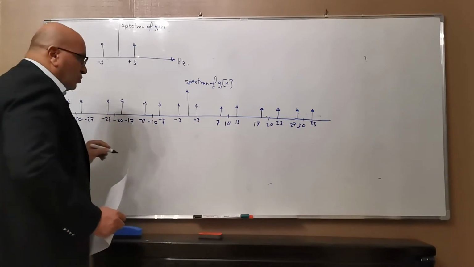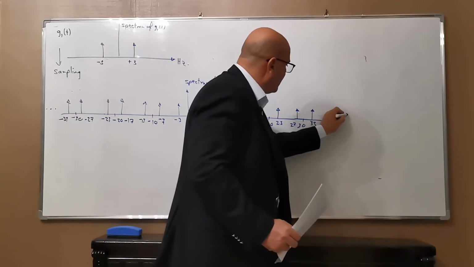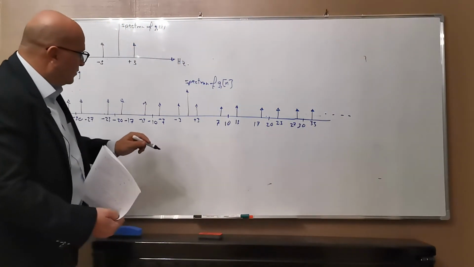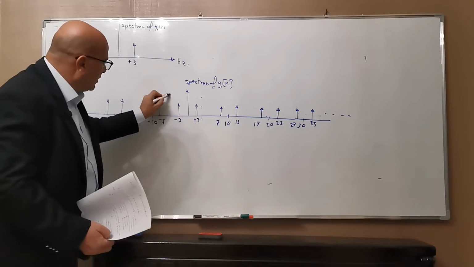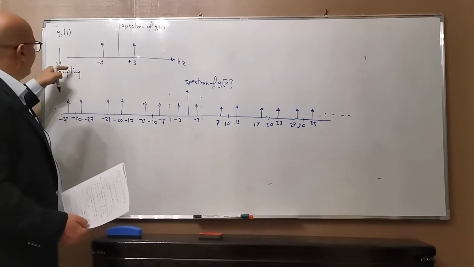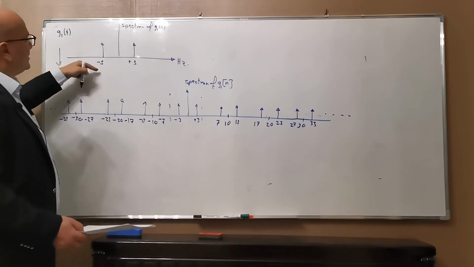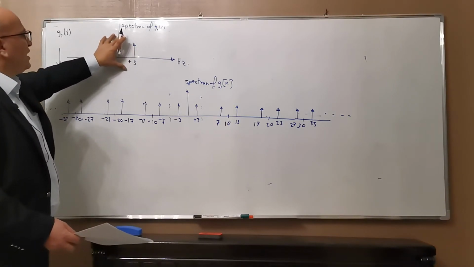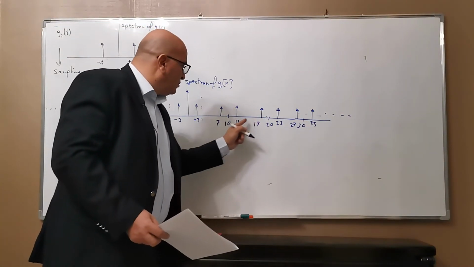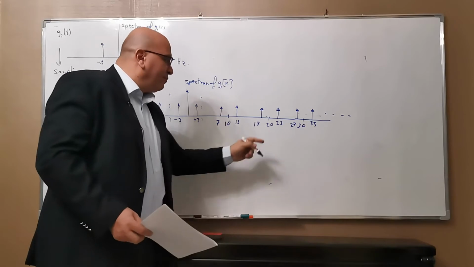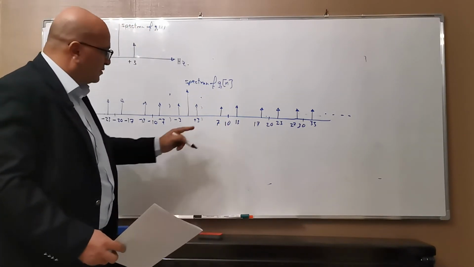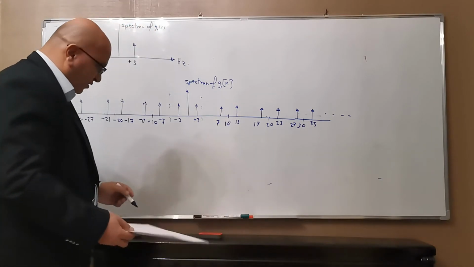And it continues on. This is the actual spectrum, this one here. These are repeated because of the sampling process. The sampling process repeats the original spectrum of the signal many times around the sampling frequency. The sampling frequency here is 10 hertz, and those are multiples of the sampling frequency.